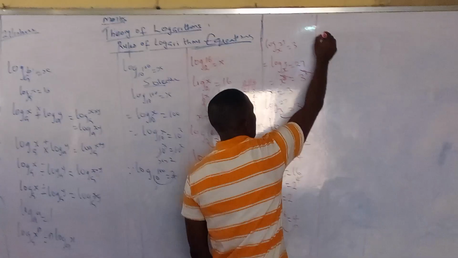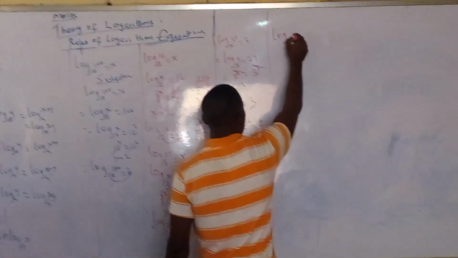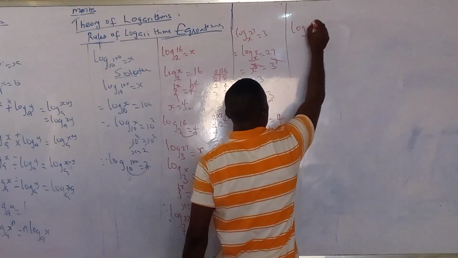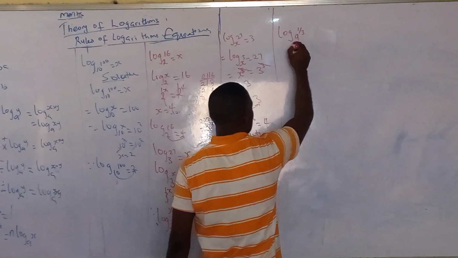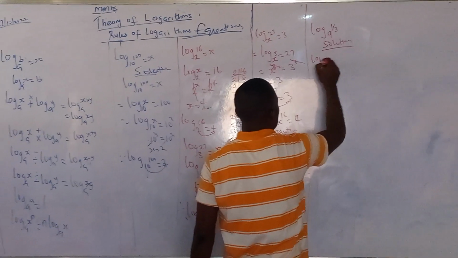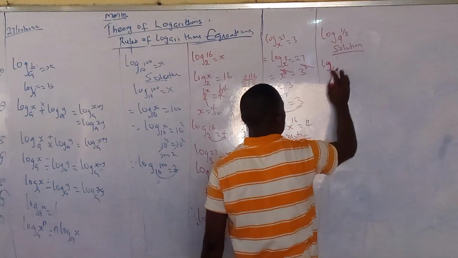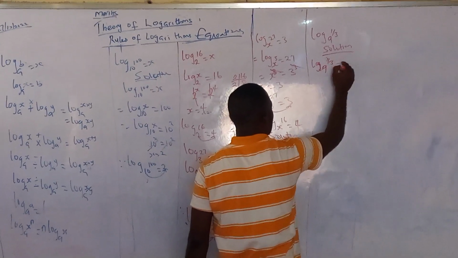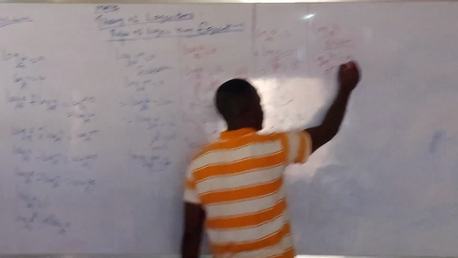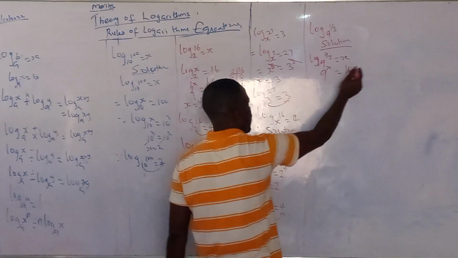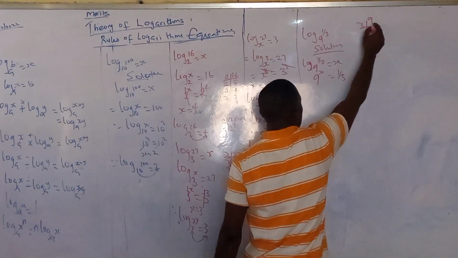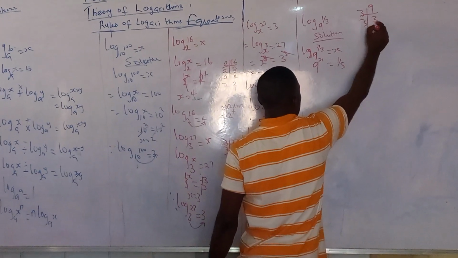What if you are given log 9, 1 all over 3? So solution, log 9, 1 all over 3 equals to x. So 9 to the power of x will come here, then we have 1 all over 3. So we factorize 9. When you factorize 9, 3 in 9 is 3, 3 in 3 is 1.